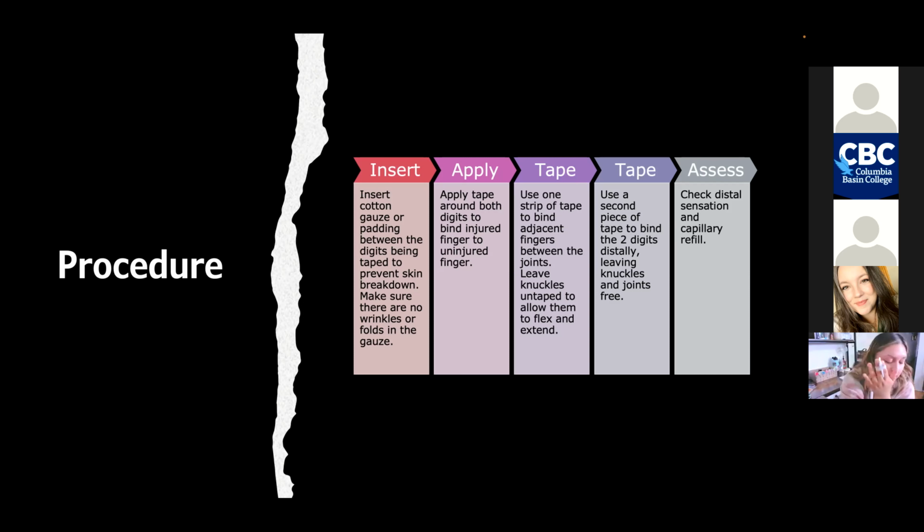You don't want to make it too tight because it can compromise circulation. And then you would add a second piece to the bottom. And then of course, have them wiggle their fingers, and check for any numbness or tingling, and cap refill.